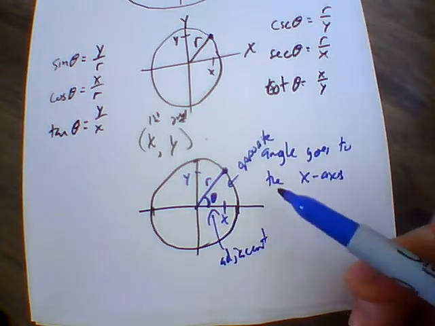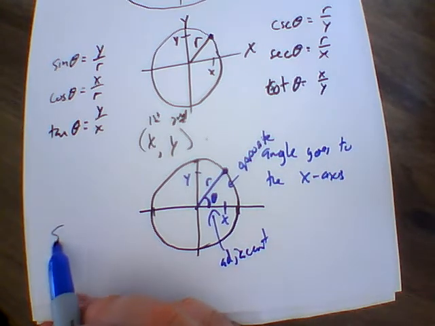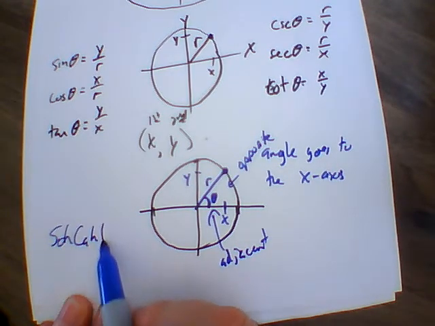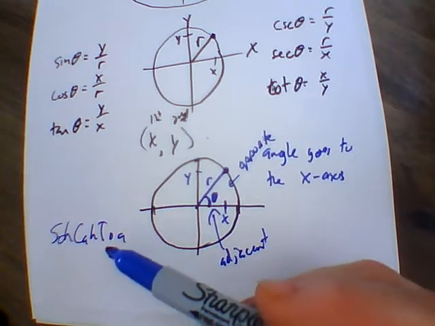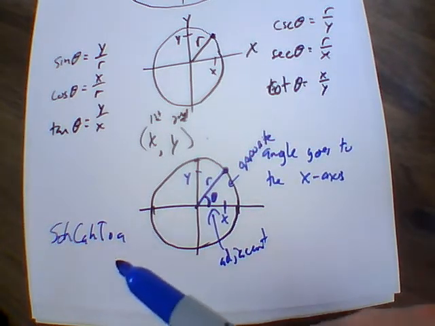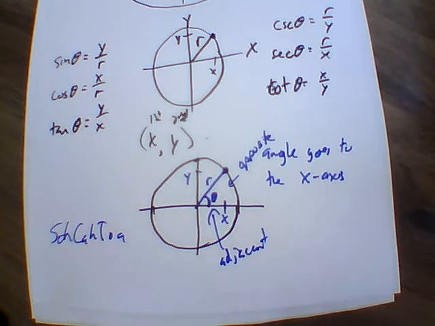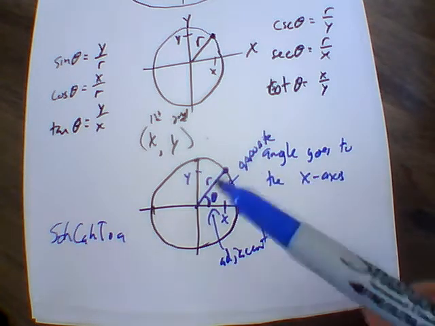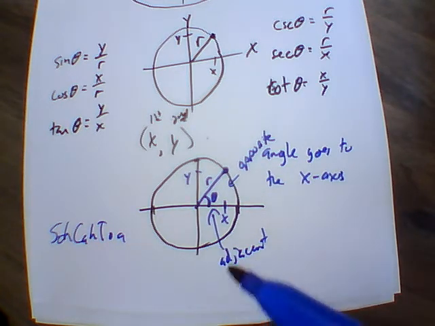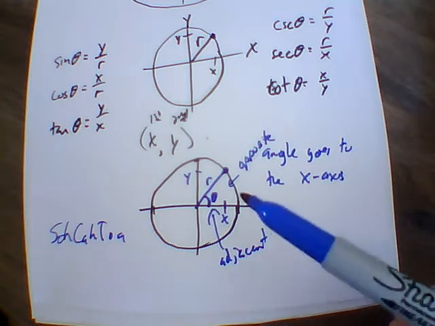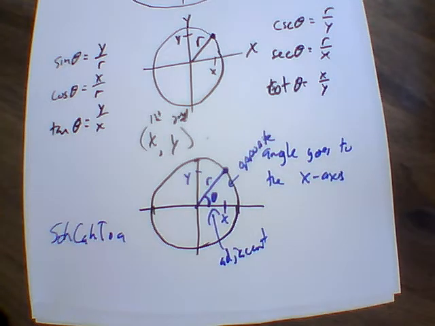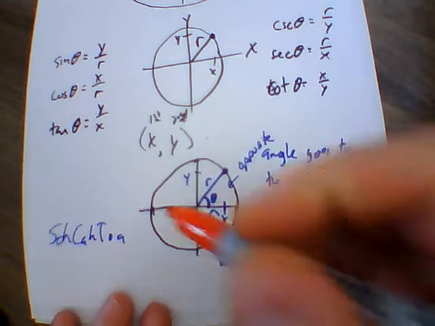Once again, remember when we had that good old SOHCAHTOA, and I said it's not going to work? Well, guess what? We can make it work. We can finagle it in here, but you have to make sure to draw everything carefully.